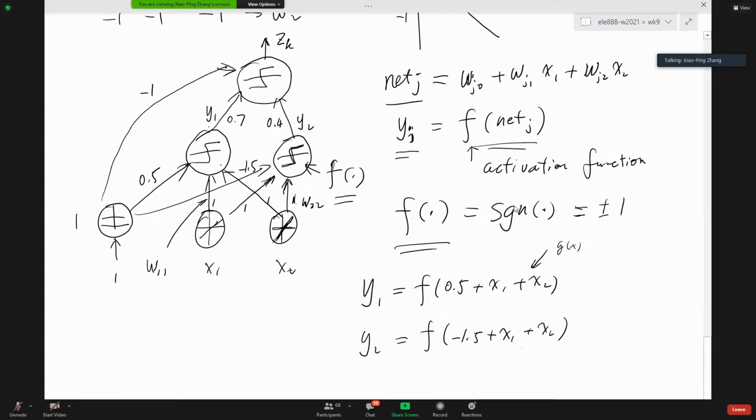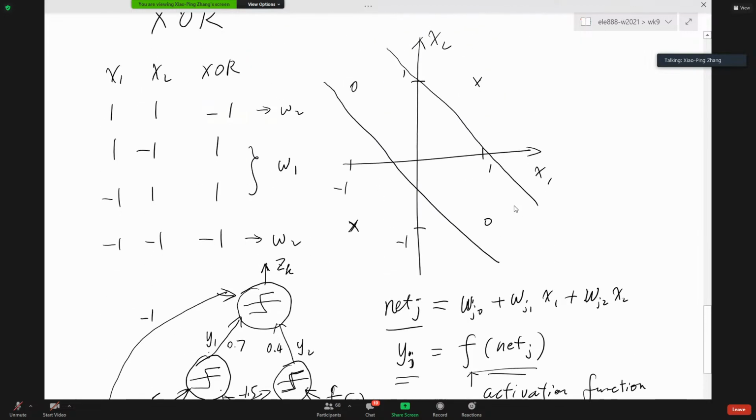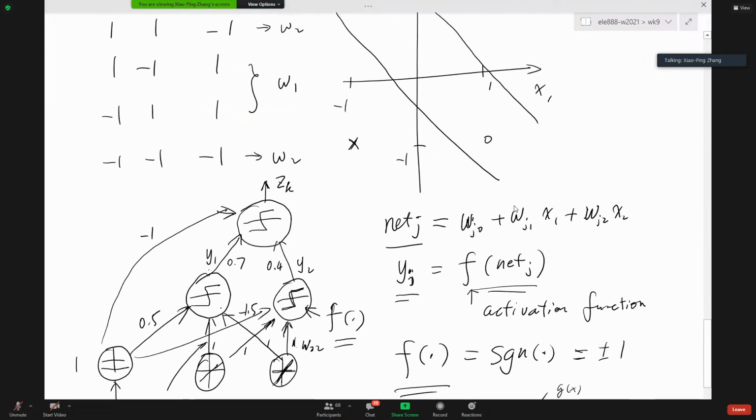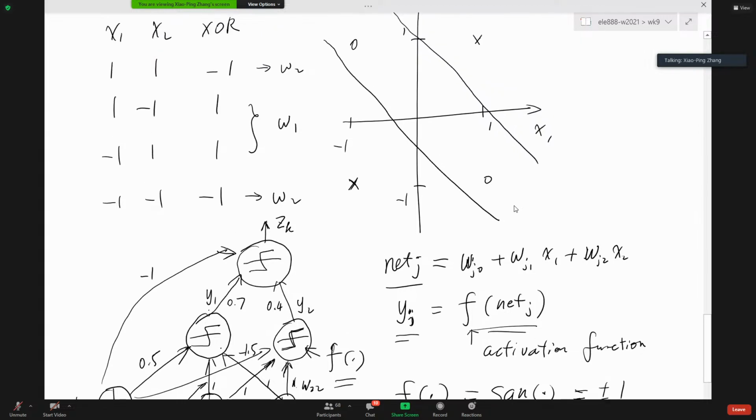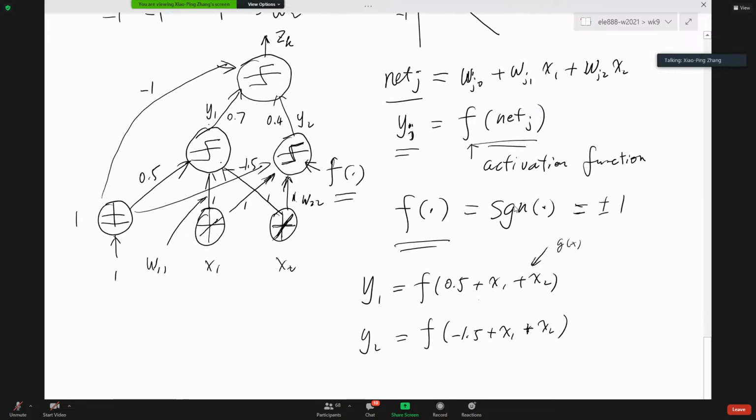If you look at this, and then we look here, we would know which one is y1. For y1, if we set this equal to 0, then x1 equal to 0, x2 would equal to minus 0.5.